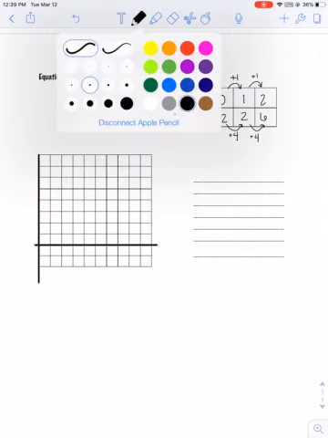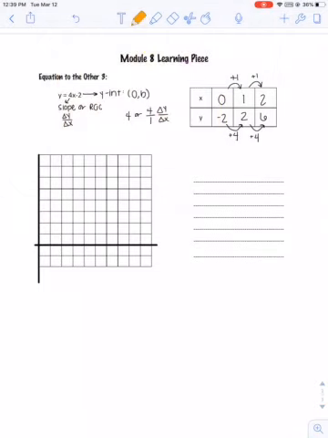And then the first point I'm going to plot is our y-intercept. Again, we know this piece of information. Our y-intercept is the value of y when x is 0. So that means when x is 0, or when I start at the origin, I don't move left or right. I'm just going to go down 2 to -2. Okay, so that's my y-intercept.